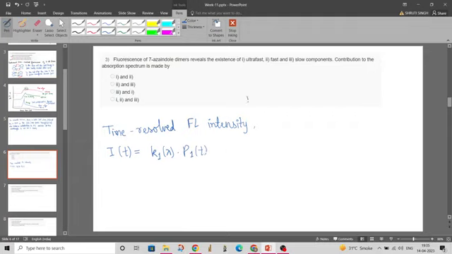So if P1 is changing to P2 in time tau T1, tau T2, and then it is changing to P3 and so on.